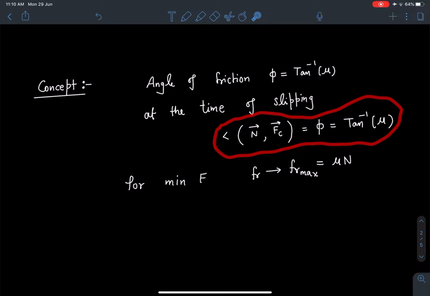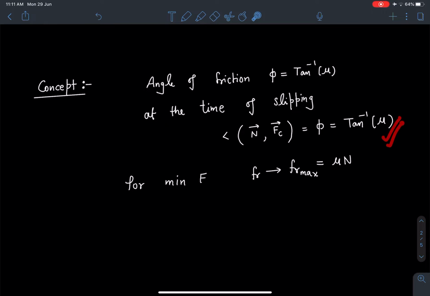Total contact force is the resultant of normal as well as friction. So here this phi is tan inverse of mu. This relation will be very helpful for us. And for minimum F such that the block is moving, we can definitely say that this friction is going to take its maximum value, which can be written as mu into N.